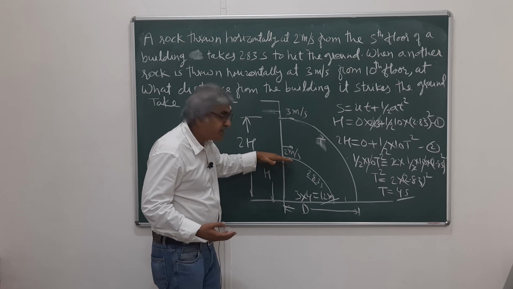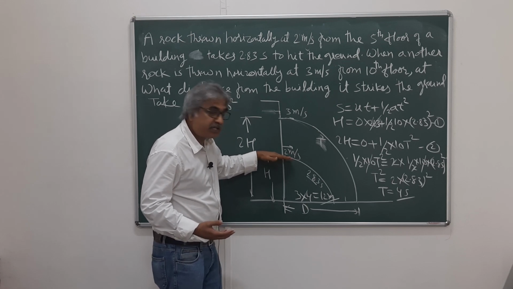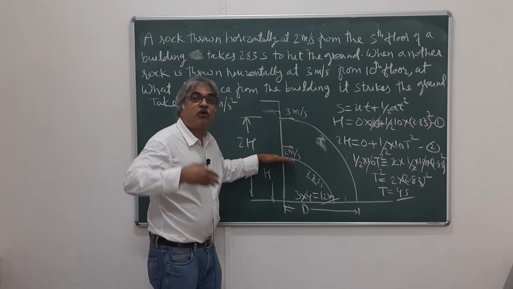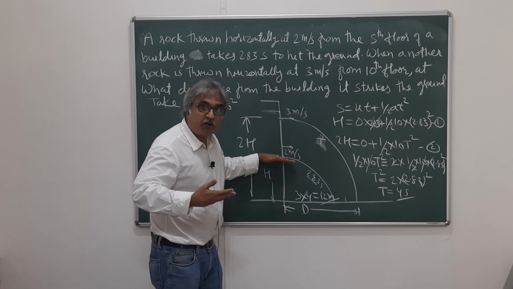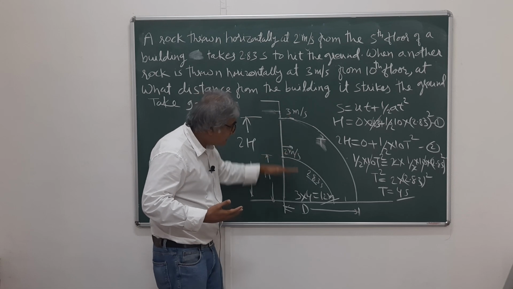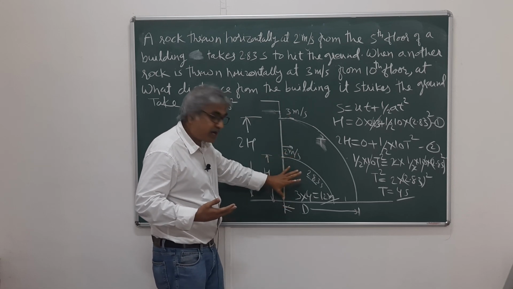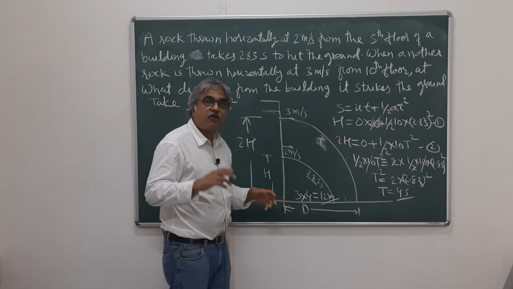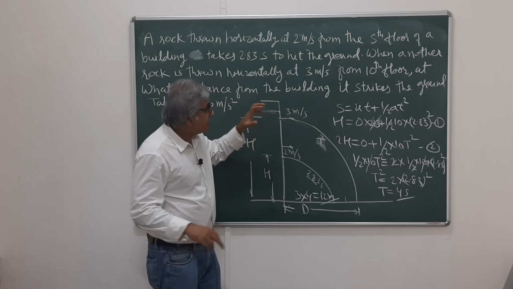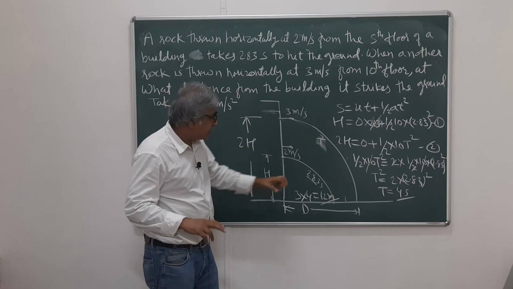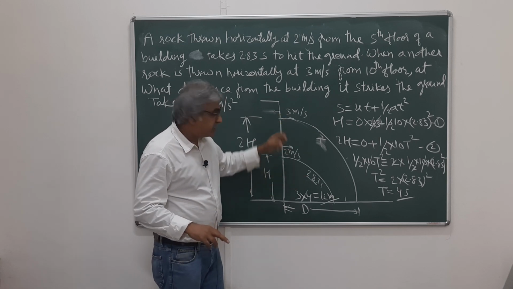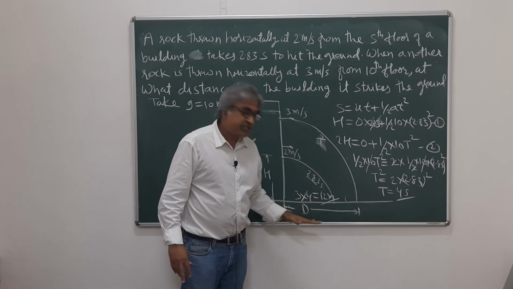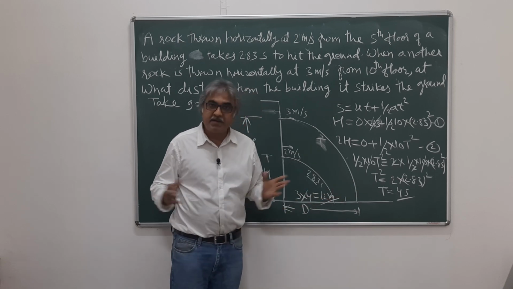This stone starts from 0 initial vertical velocity from here, but while it comes here, it has already picked up some vertical velocity. So because its initial vertical velocity is not 0, it will reach the ground in shorter time. So you should not make that mistake of considering the time for this as 2 into 2.83. Otherwise, this is your answer. Answer is 12 meters. Thank you.